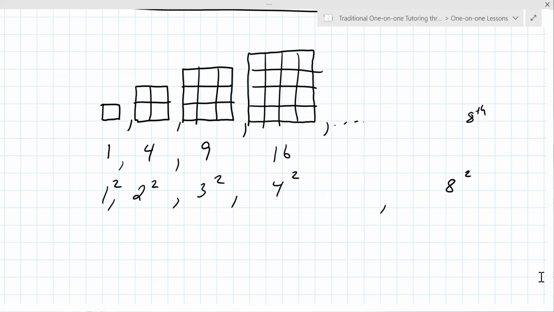There's growth, there's length, there's shapes, there's numbers. You can even do fruits and vegetables, whatever. The point is patterns are patterns.